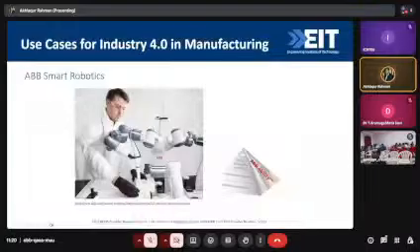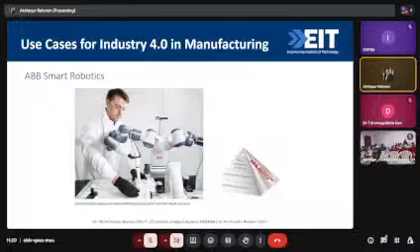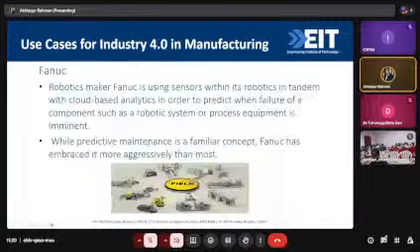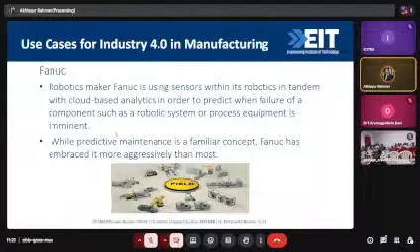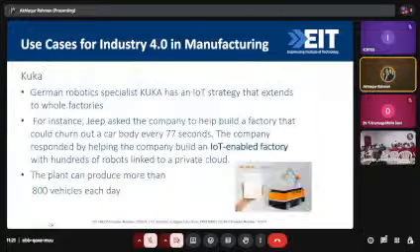So you see industries already using it, like ABB Smart Robotics. You have Fanuc, which is a robot maker. They're using sensors again with a cloud system and process equipment, so that helps with process optimization. You have KUKA robots.